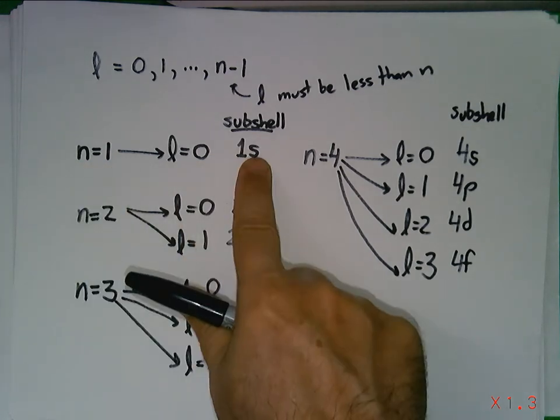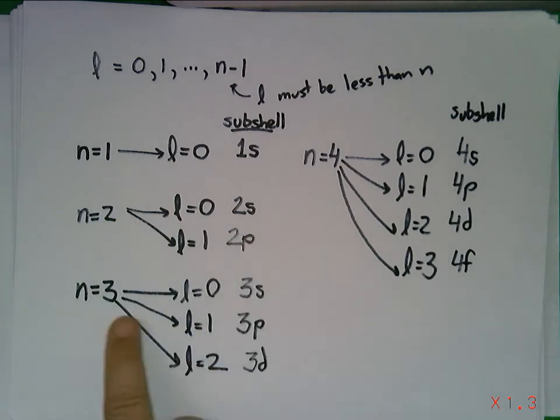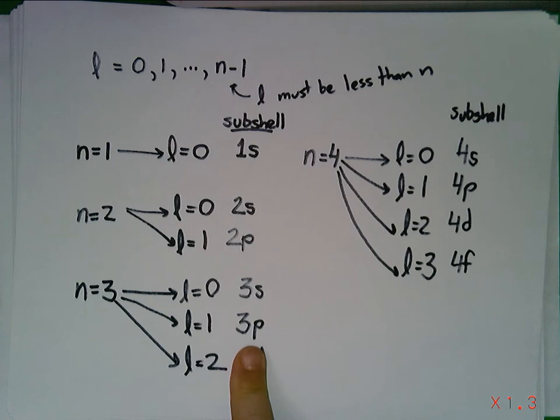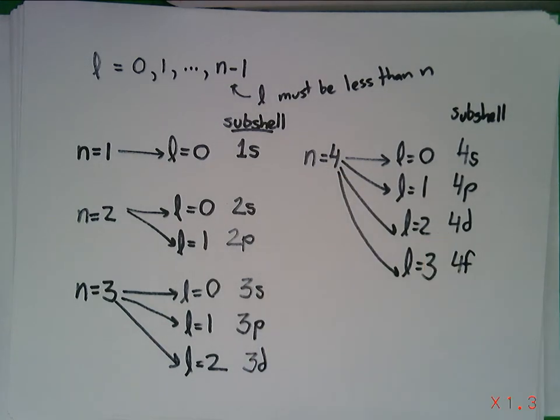So there is 1 subshell in the first shell, 2 subshells in the second shell, 3 subshells in the third shell, and 4 subshells in the fourth shell. How many do you think are in the fifth shell? There'll be 5 subshells in the fifth shell. How many in the eighth shell? There should be 8 subshells.